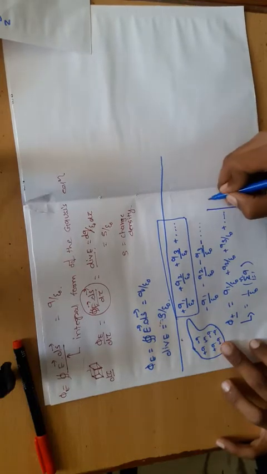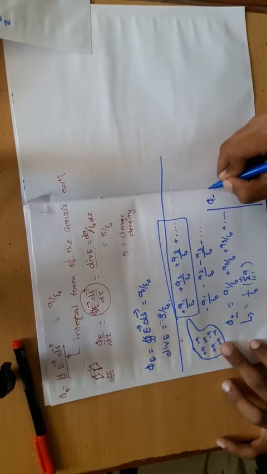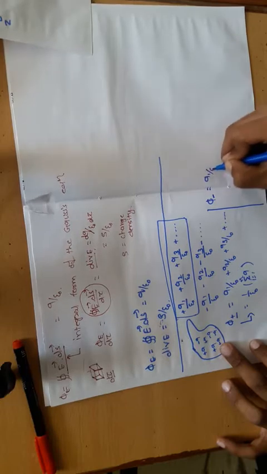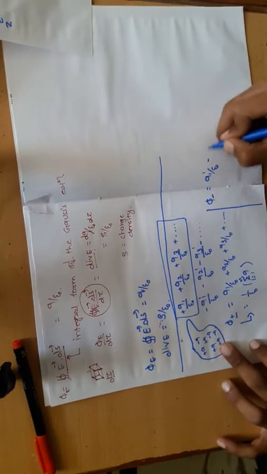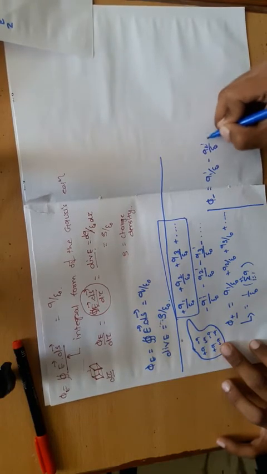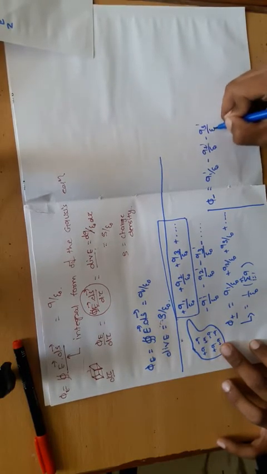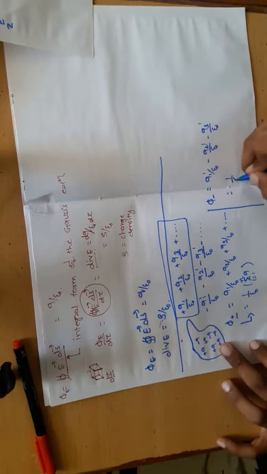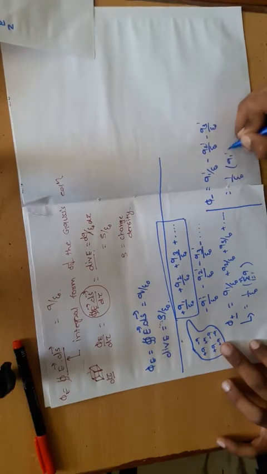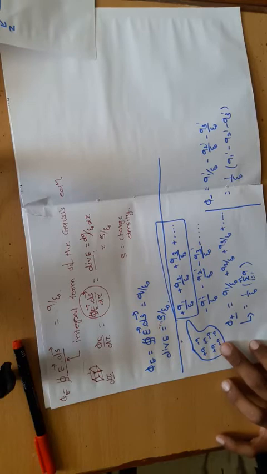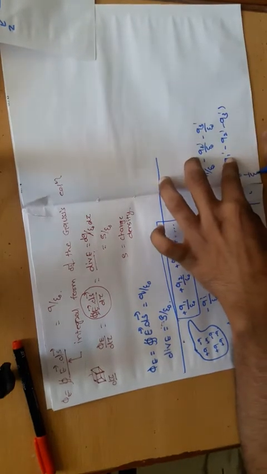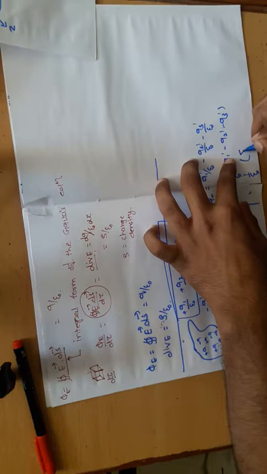And what will be the flux for the negative charge? That will be Q1 prime by epsilon naught, Q2 prime by epsilon naught, and Q3 prime by epsilon naught. So it is 1 upon epsilon naught times minus Q1 prime minus Q2 prime minus Q3 prime, that is 1 upon epsilon naught and the summation of negative Q from 1 to N.